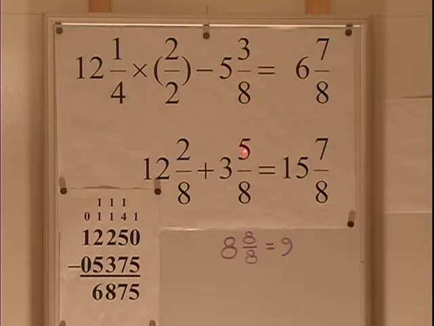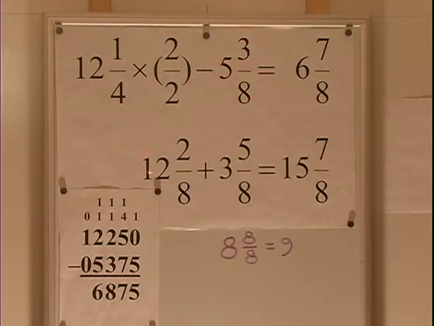So 3 and 5 is 8/8. Now, when you add those two numbers, 8 and 8/8, that's another way of writing 9. So this number, 3 5/8, is the 9's complement of the subtrahend, 5 3/8.